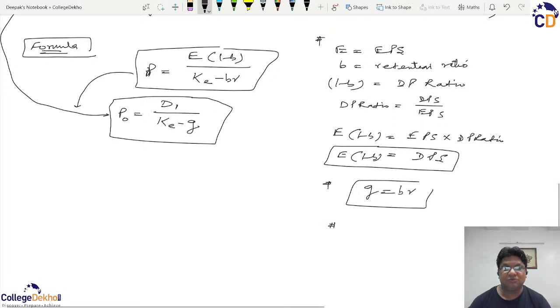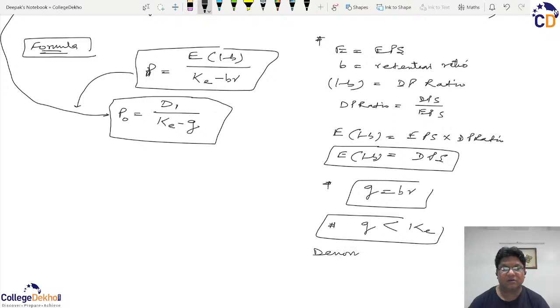So his earlier assumption came into play, which said G is always less than KE, and therefore here the denominator will never be negative, and hence there will always be a positive market price calculated.